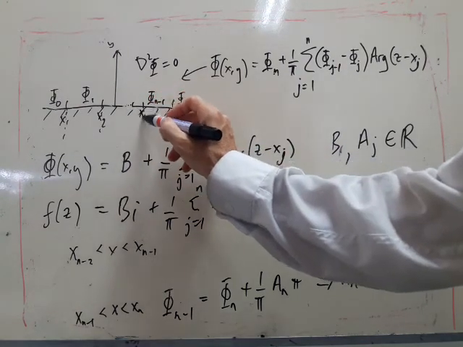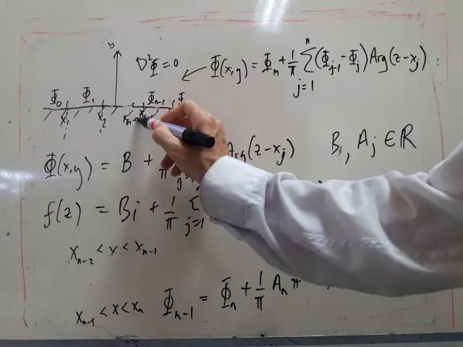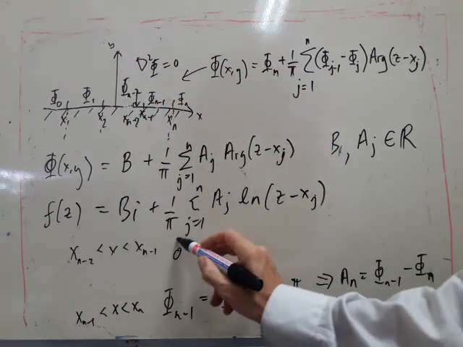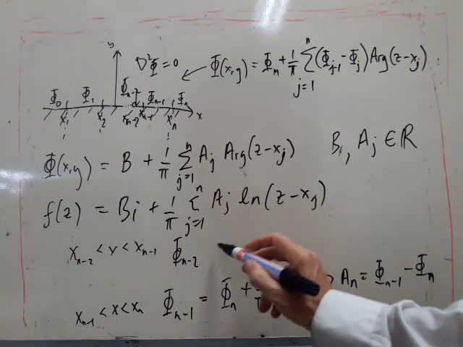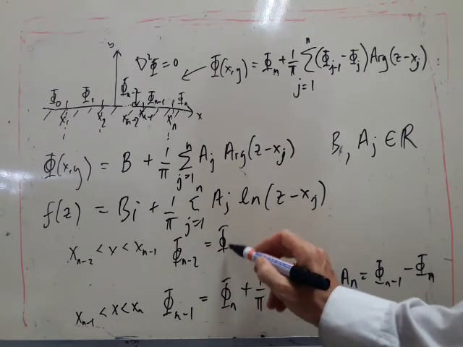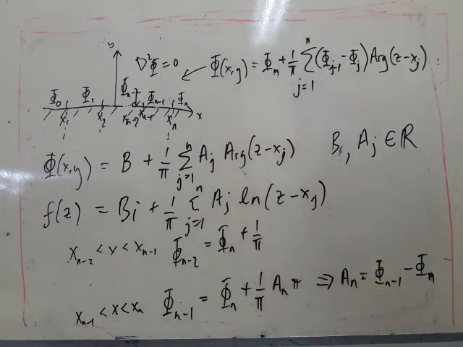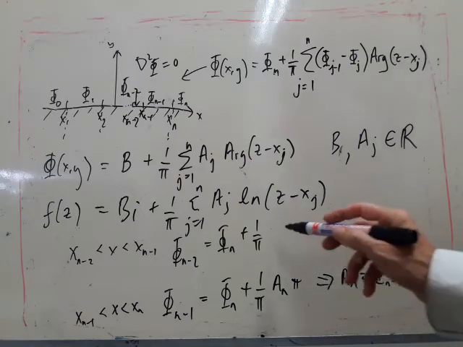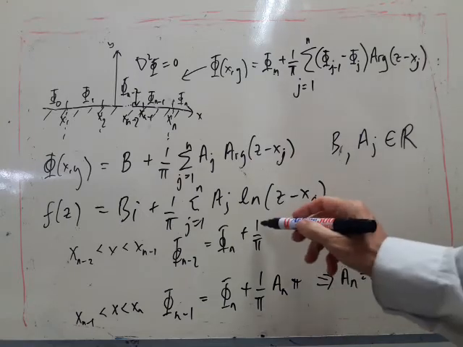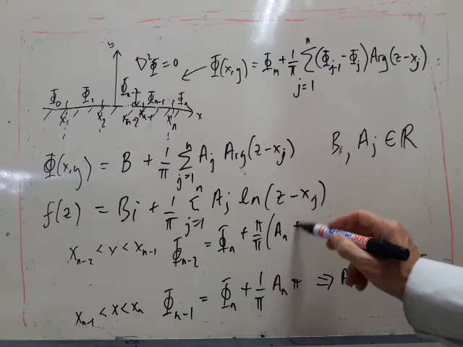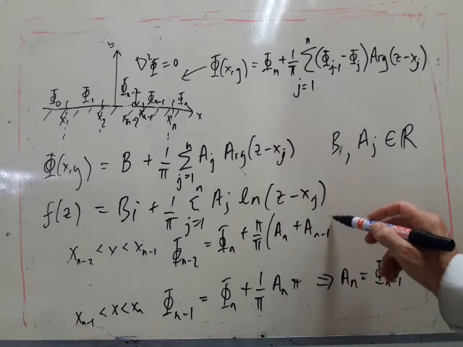So we've now got xn minus 1 and xn minus 2, and then here this is phi n minus 2. It's going to be equal to phi n plus 1 over pi. And then we're going to have to sum two things. Both of those are going to give a factor of pi, but then it's going to be a n plus a n minus 1.